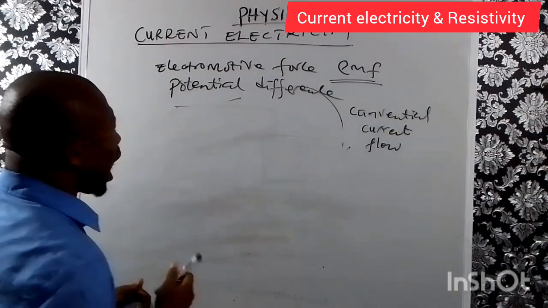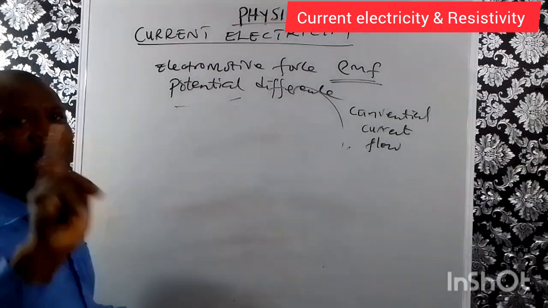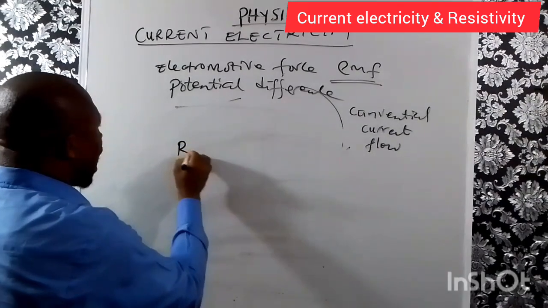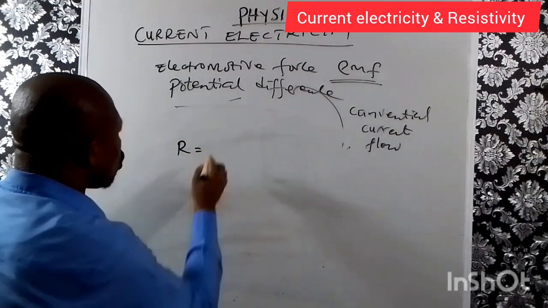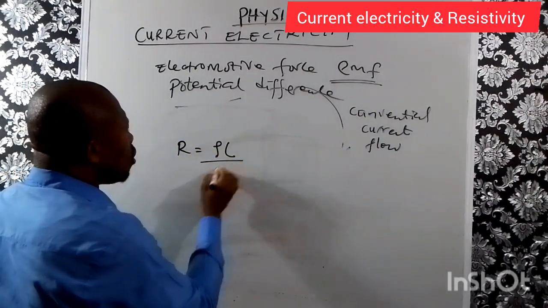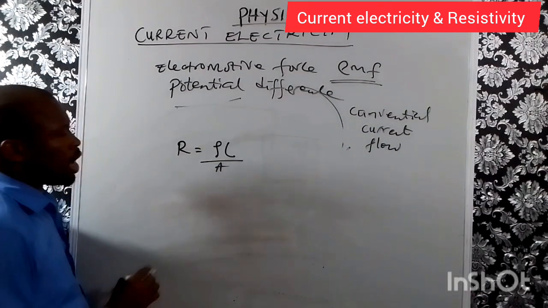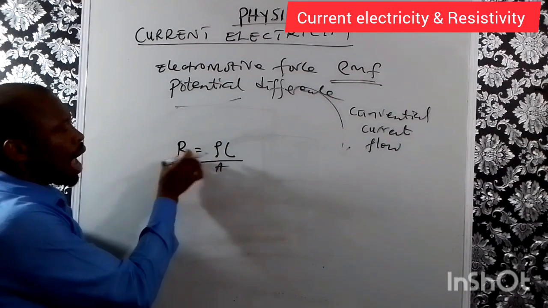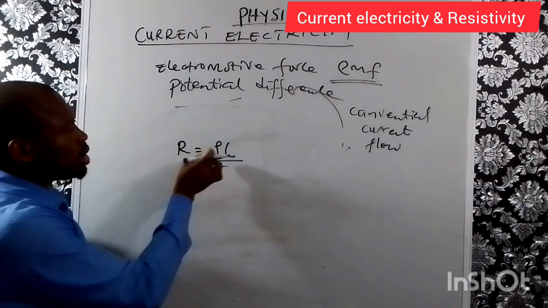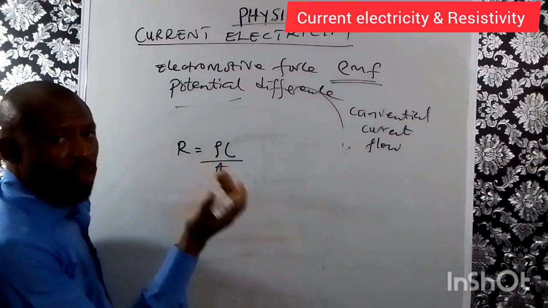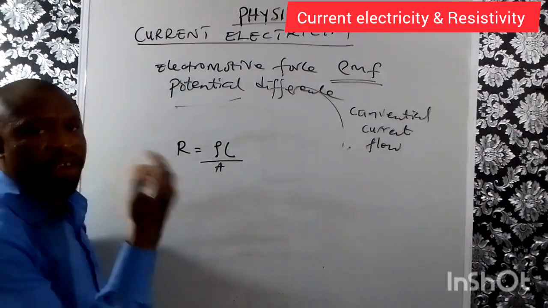Now we can have the relationship between resistance and resistivity as R is equal to rho L over A, where R is the resistance, rho is the resistivity, L is the length of wire, and A is the area of wire.